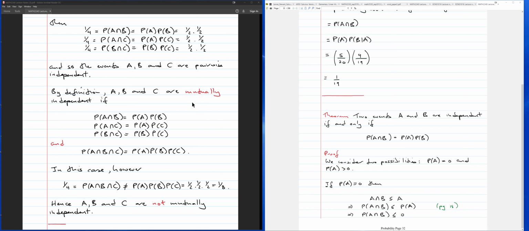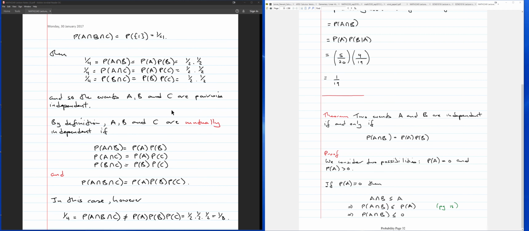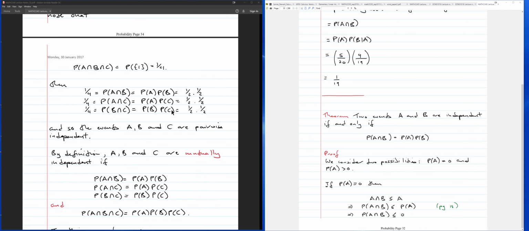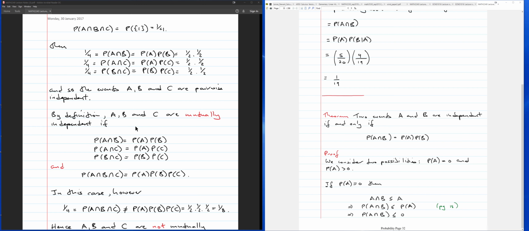For us, we're not really going to distinguish between the different types of independence, like mutual independence or pairwise independence. The independence we're going to talk about in this class for three or more sets is mutual independence. Basically, that means that the probability of the intersection of the three sets would be the probability of A times the probability of B times the probability of C.